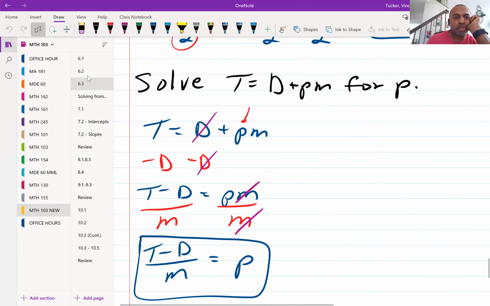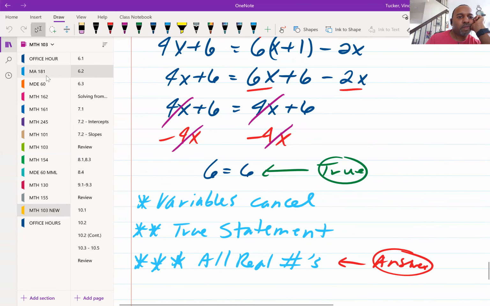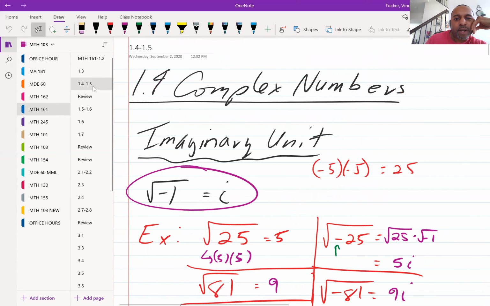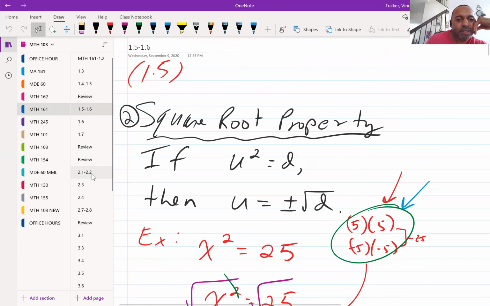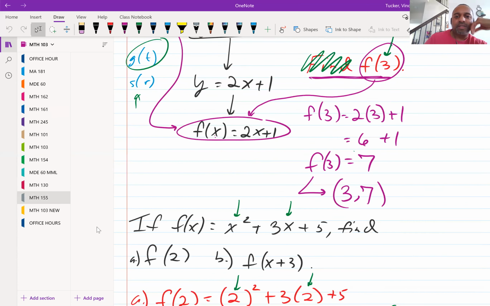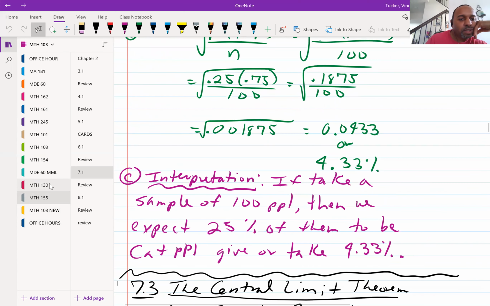Trying to be lazy and not have to write down a whole bunch of stuff. Guess I'm going to have to do it. I don't know what happened to my notes.